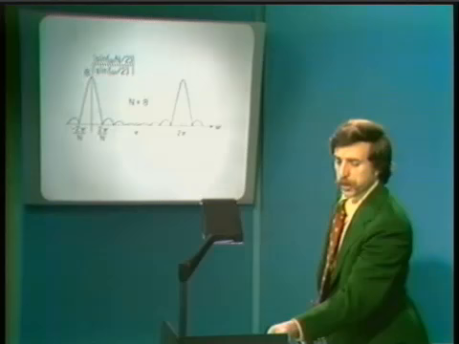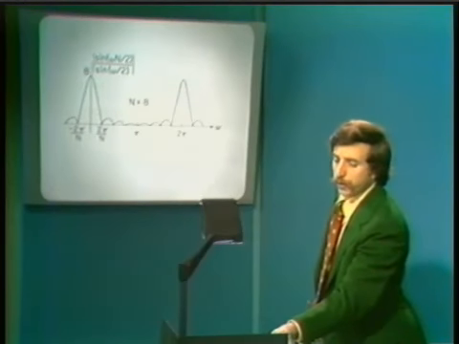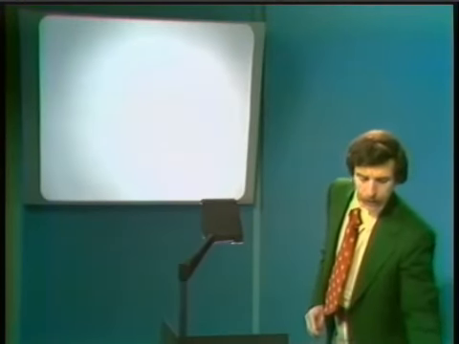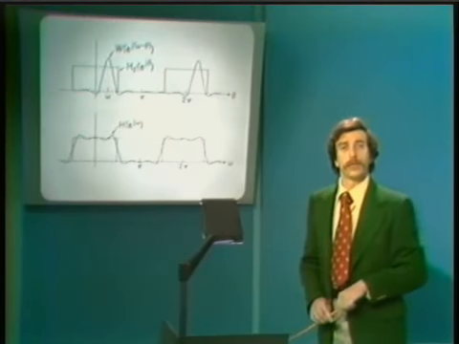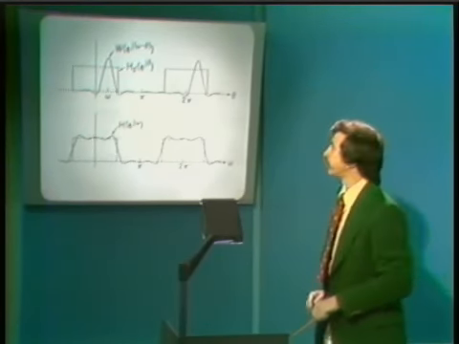So for the particular case of a rectangular window, we would have not the ideal low-pass filter that we began with, but the ideal low-pass filter frequency characteristic convolved with the Fourier transform of the window.